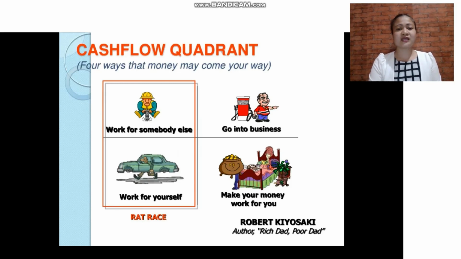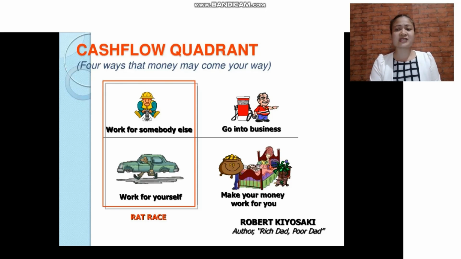Look at this illustration, the cash flow quadrant. There are four ways that money may come your way. First, work for somebody else or have an occupation. Work for yourself if you're self-employed.